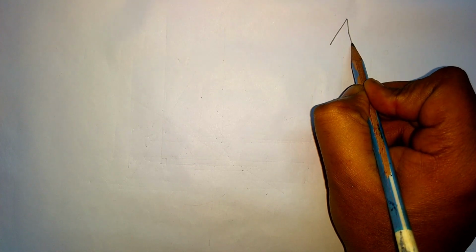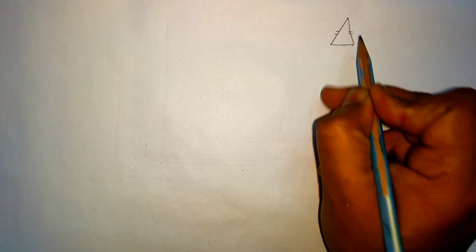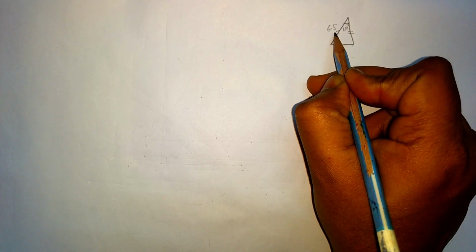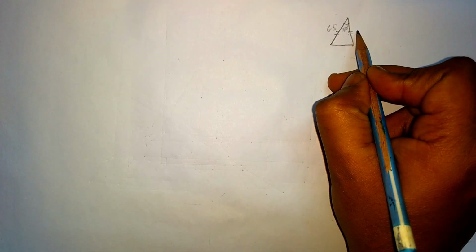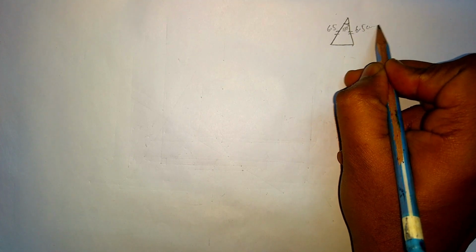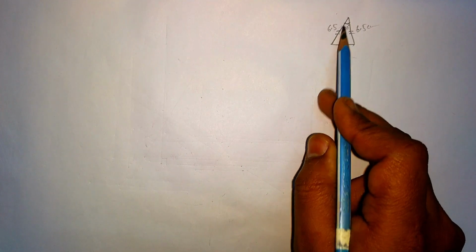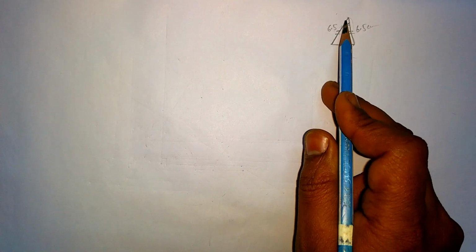This is the diagram of an isosceles triangle in which these two sides are equal. The angle between them is 110 degree. This is 6.5 and this one is also 6.5 centimeter. So what we have to do, we have to take any one of this side as a base.